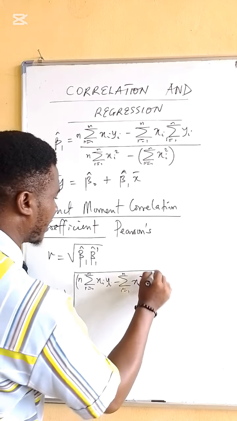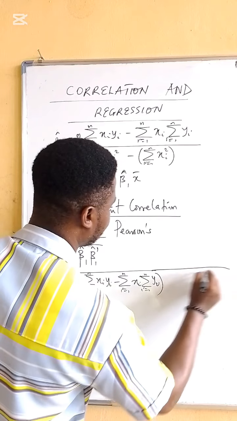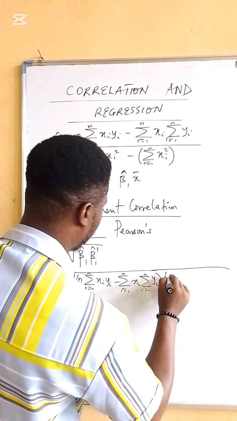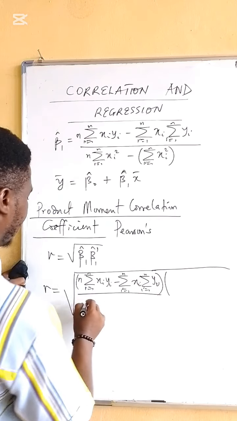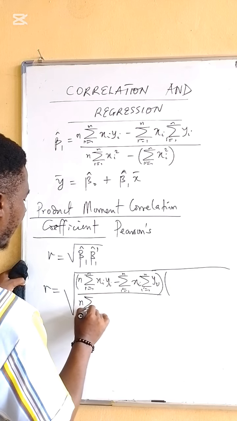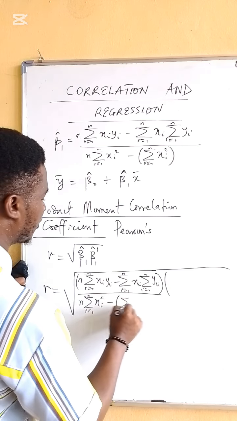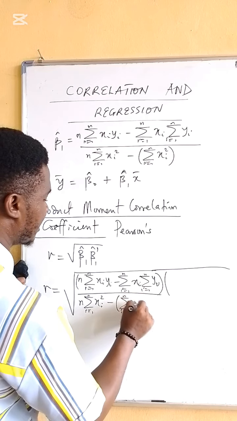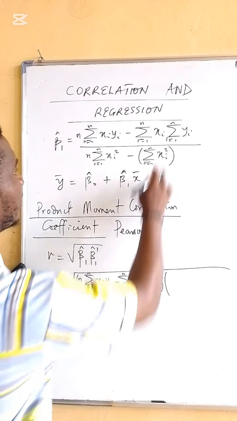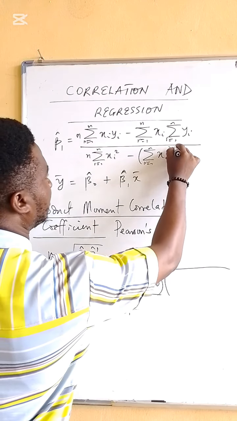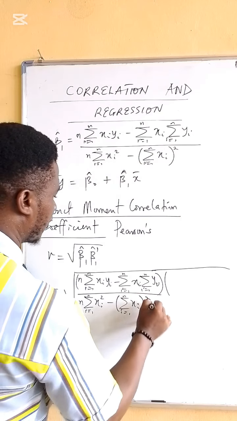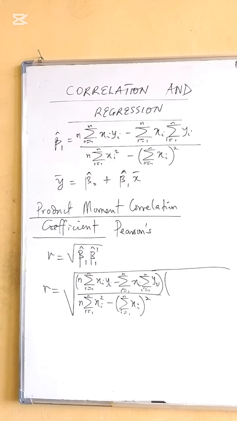I'm going to put this in brackets, all over n summation from i equals 1 to n xi squared minus summation from i equals 1 to n xi, all squared. This should have been all squared, so please take note of that correction I made.